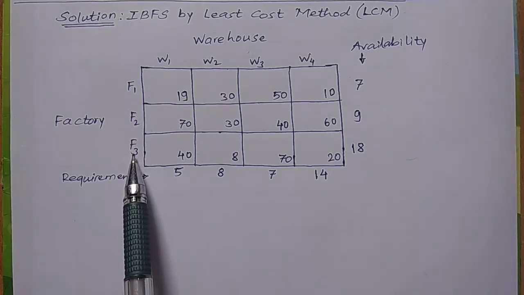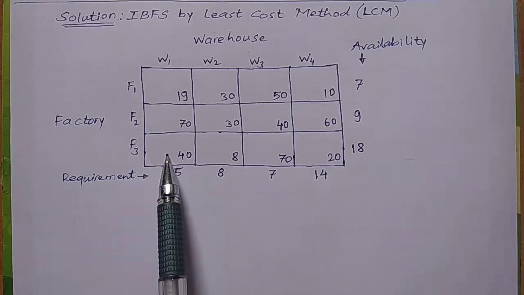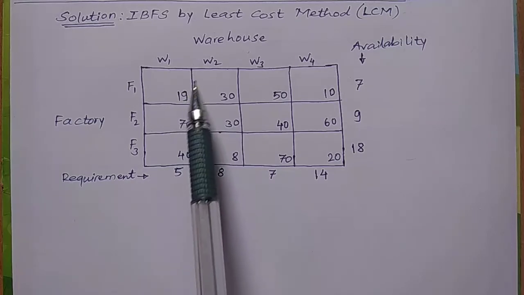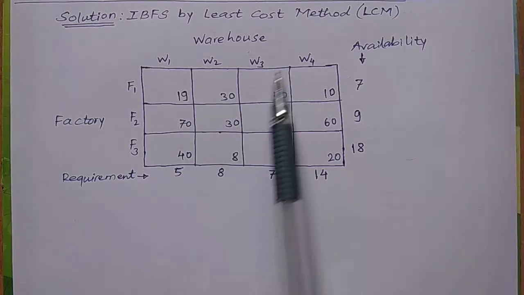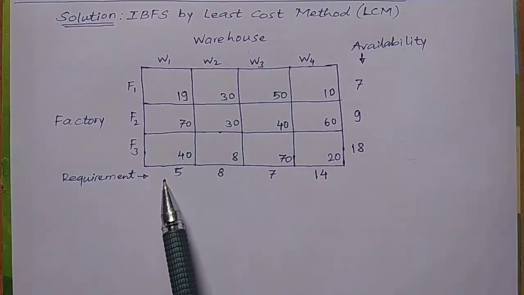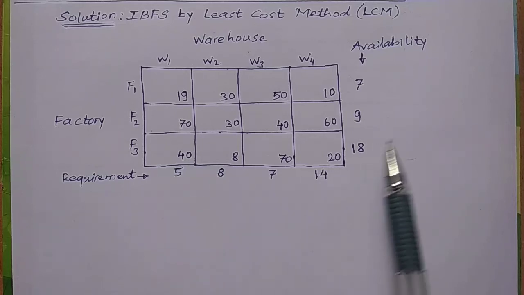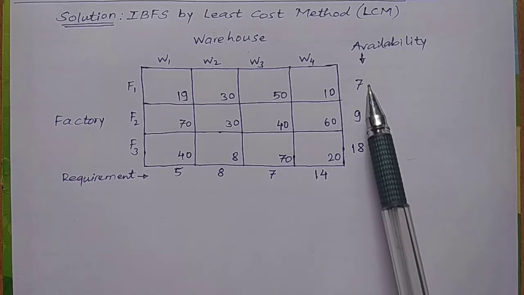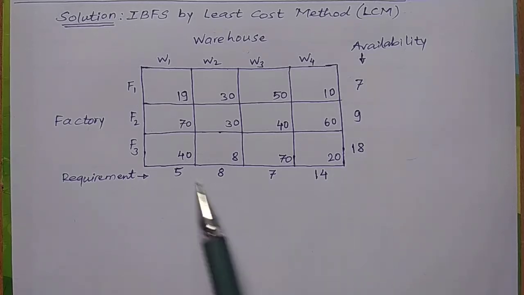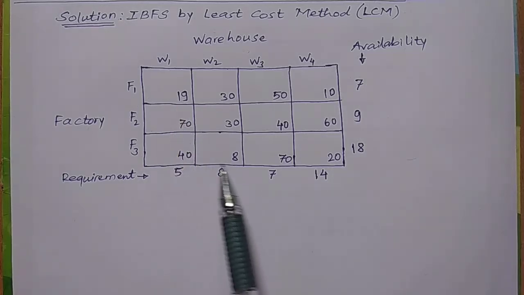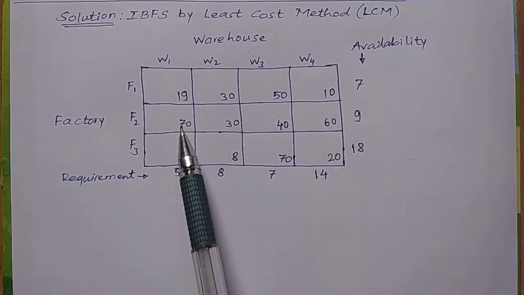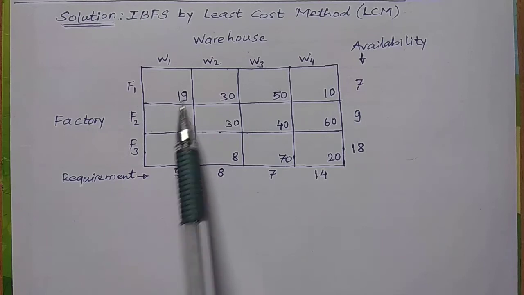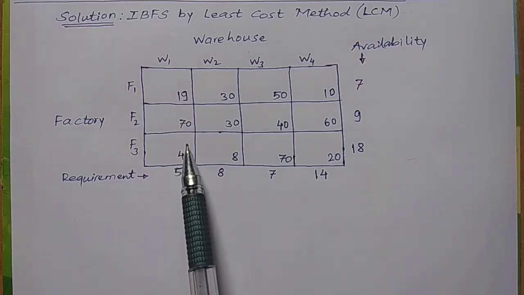These factories produce a homogeneous product, that is the same type of product, which is to be transported to various warehouses as per the requirements given, and the availability of each of the factories, that is production capacity, is given. These are the unit costs of transportation given in the matrix.